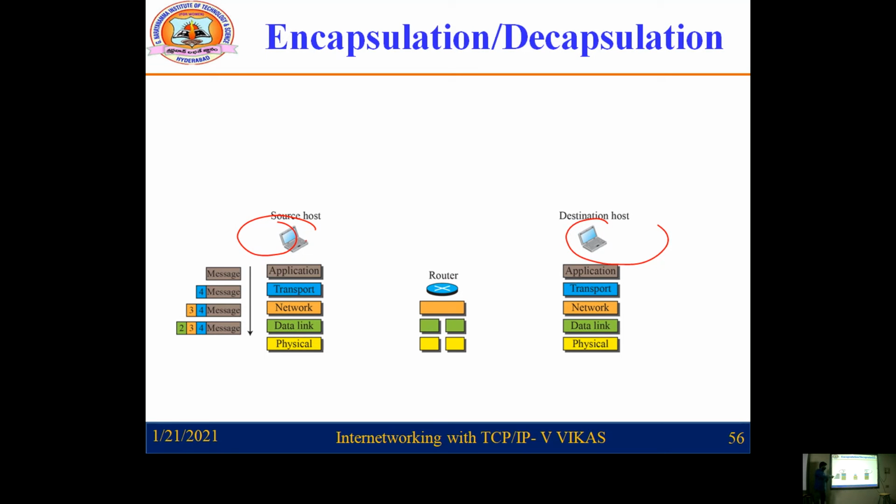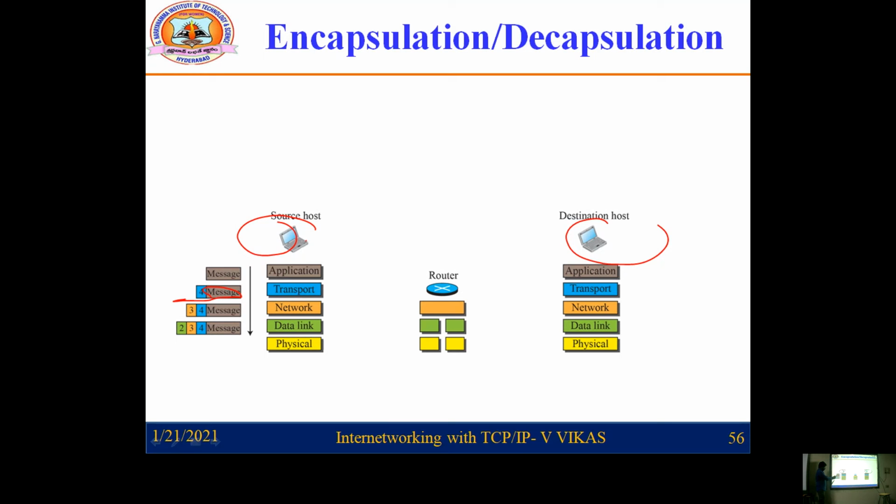What is the message? It has the header of the transport layer and the message coming from the application layer. But the network layer doesn't know what it is. It just looks at this information and says, this complete thing is the message to me. So this message plus this header, the complete thing, is considered to be data for the network layer.